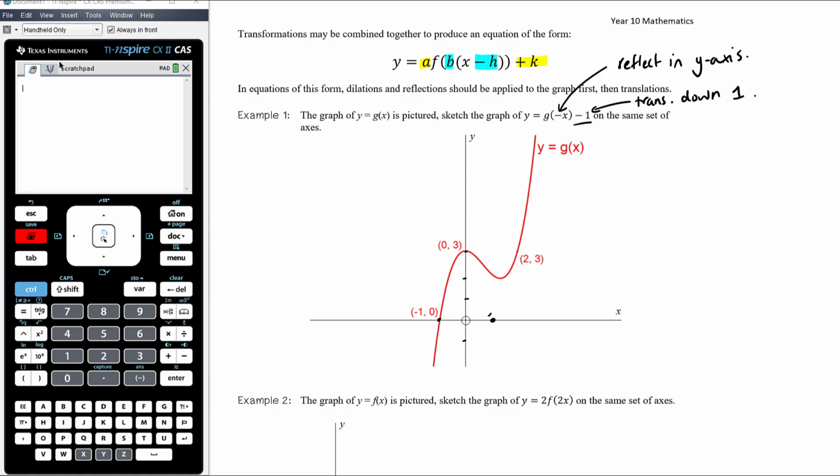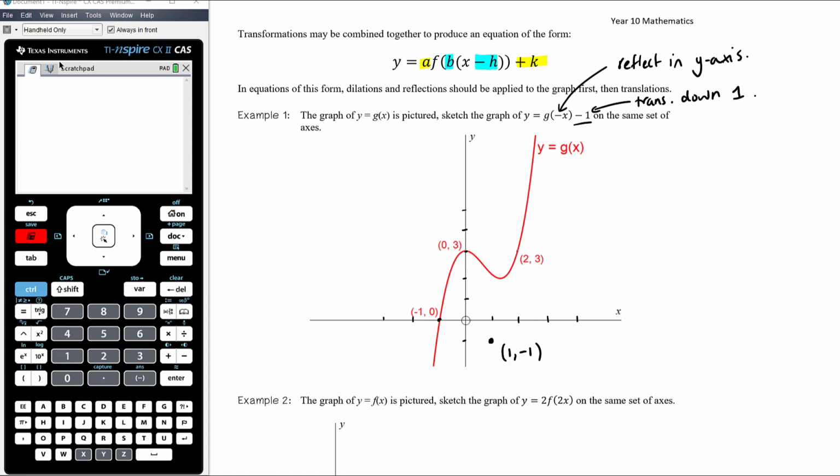Just trying to get a bit of a sense of the scale. Okay, so reflecting in the y-axis, as we said, it's going to move it over to positive 1, 0, and then down by 1. It's going to be here at positive 1, negative 1.